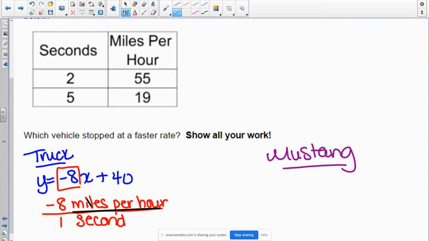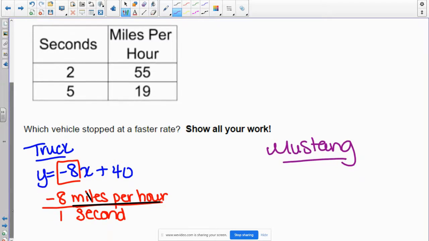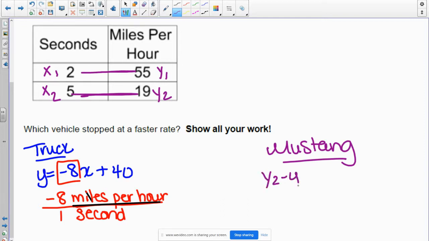This one's in a table, so we can do a little bit more work. I'll just do y2 minus y1 just for something different here. So we call it x1, x2, y1, y2. You need to label, make sure they are in partners. So I'll just put the equation here so you can visualize it.